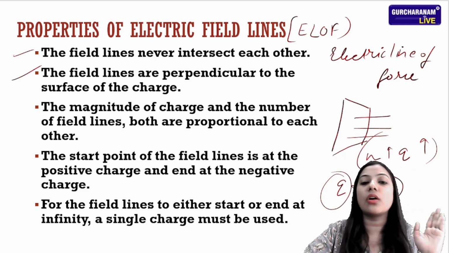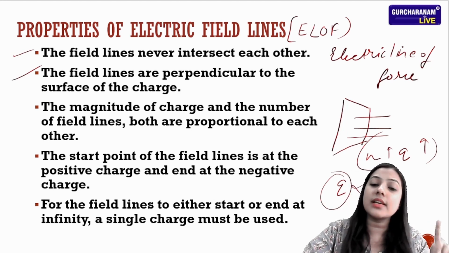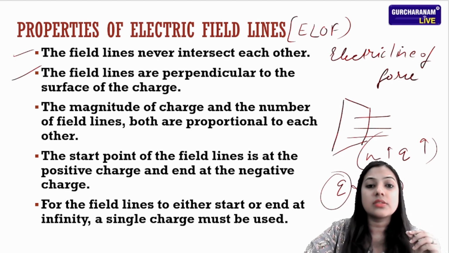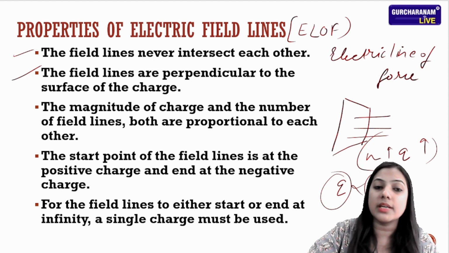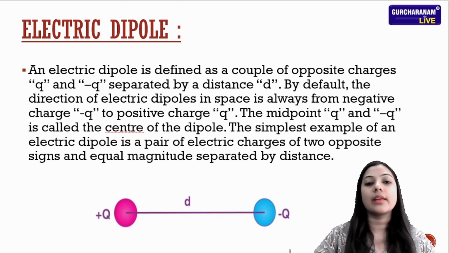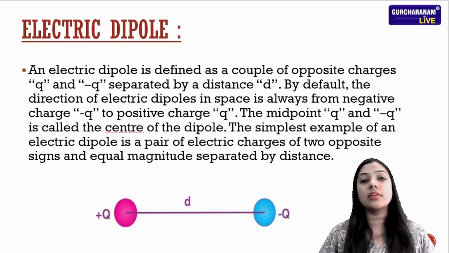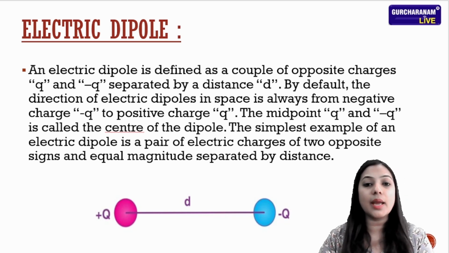For field lines to either start or end at infinity, a single charge must be used. So these are the basic properties of electric field lines. Our next important topic of this chapter is electric dipole.